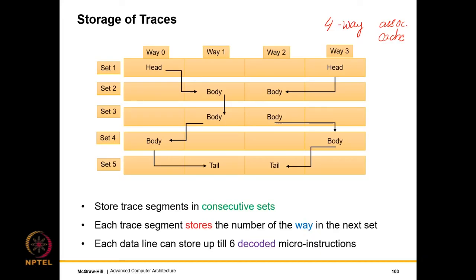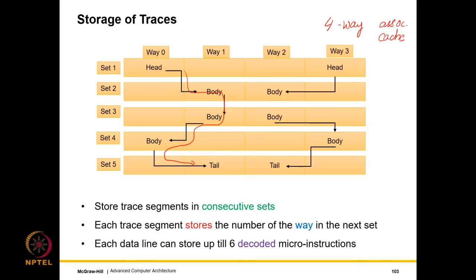In this case, the 4 lines, as you can see, are arranged horizontally. And what we can visualize over here is 2 traces. One trace starts from way 0, set 1. This is the next trace segment. Then we have a sequence of body trace segments. This is how the entire trace flows. And finally, we have the trace tail.